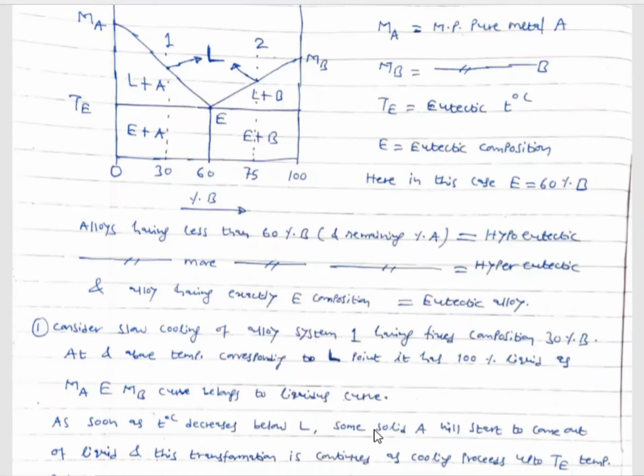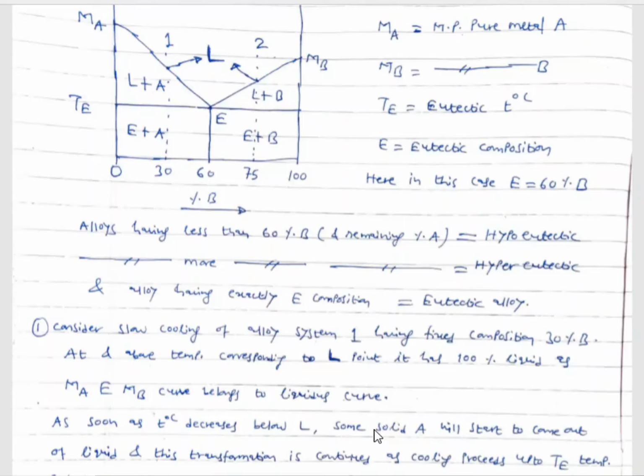So when the solidification will begin, the solid particles of A or B will start to come out in the pure metallic A or metallic B form, because they cannot be dissolved in each other in solid state. So just below liquidus temperature, in the alloy system 30% B, a small amount of solid particles A will start to come out.